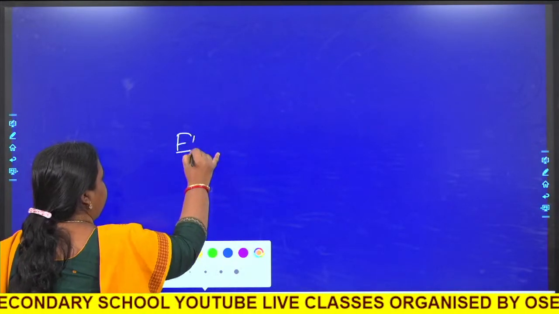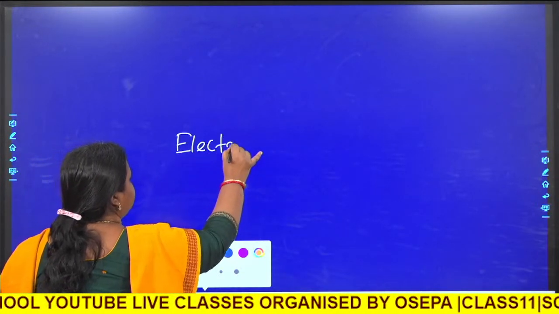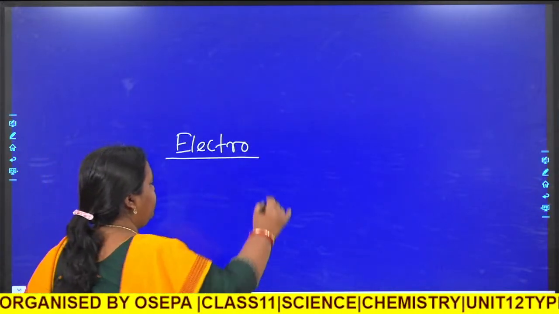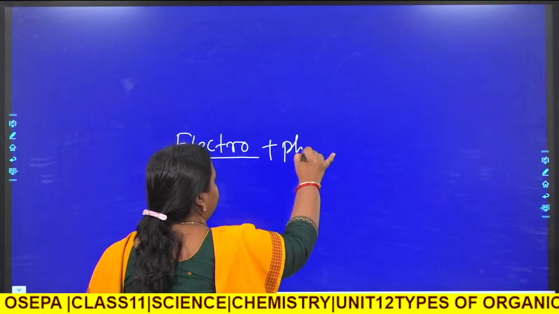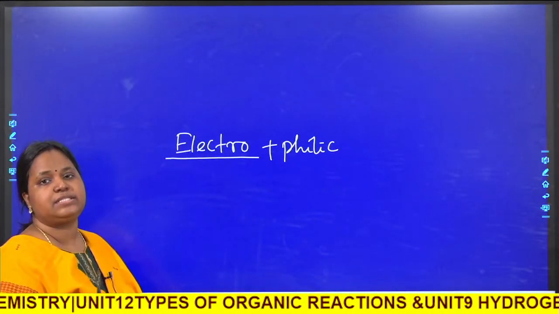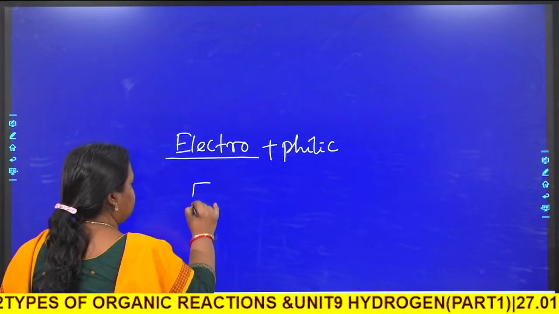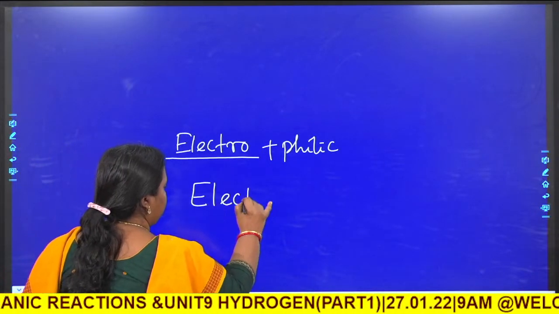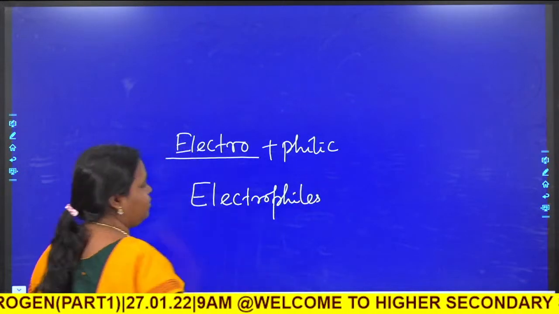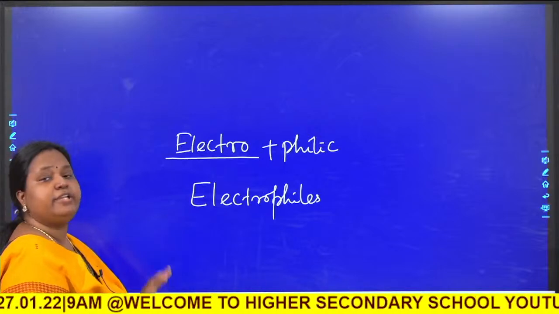What is an electrophile? It comes from two words, electro comes from electron and philic means loving. Electron loving species are called electrophiles. Who will love electrons?